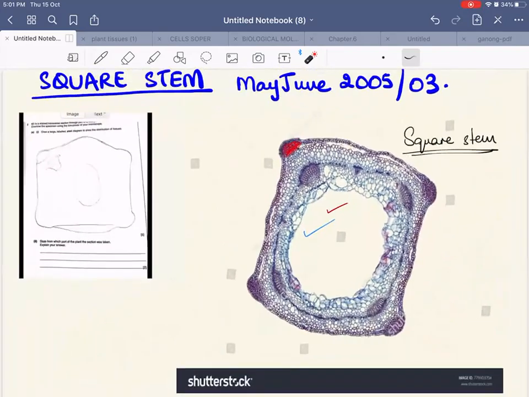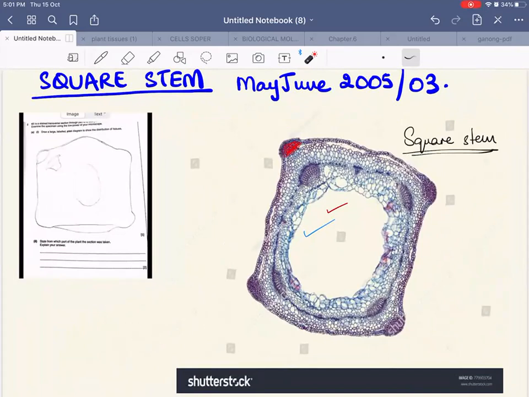Now the question arises, if you get such a question, how many vascular bundles will you draw? If you've been asked to draw a complete plan diagram of the entire section, then you should at least draw 3 to 4 or 5 vascular bundles. I think that's more than enough. If you've been asked to draw a section, then you will draw as many vascular bundles as are appearing in the section.